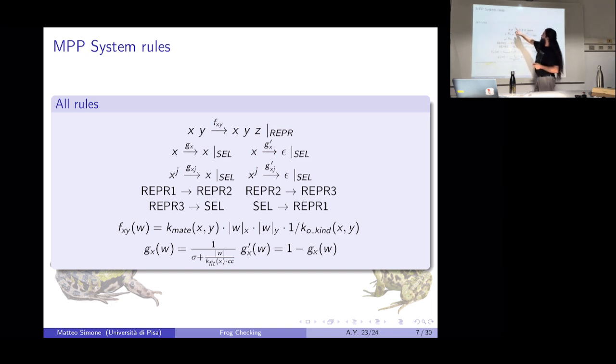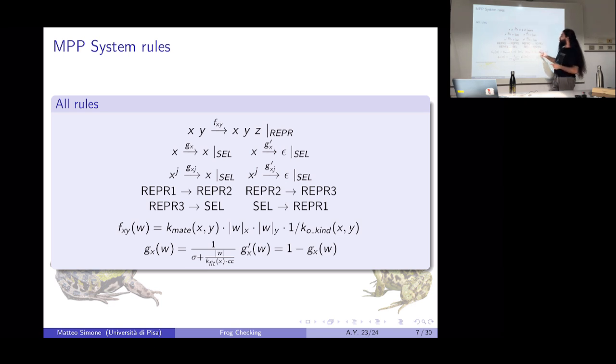And this is the rate of the reproduction, which basically just means take the sexual preferences of a female frog towards the species of the male one, take into account the number of males and females of those species, and take into consideration how many kinds the species pairing can produce.